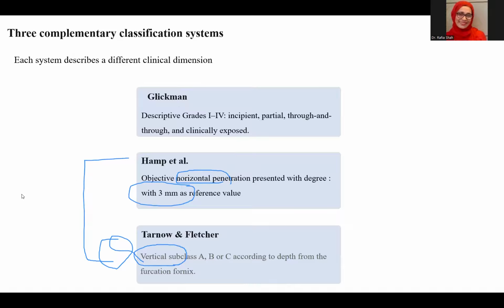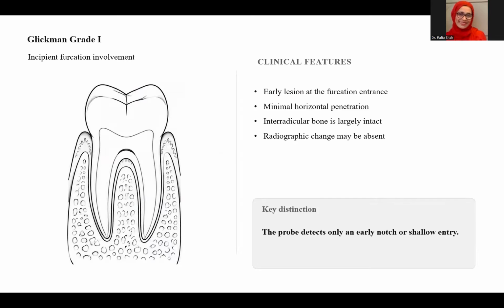Coming back to all these classifications individually, to see what they talk about. Glickman's classification talks about furcation in 4 different grades: grade 1, grade 2, grade 3, and grade 4. According to Glickman, once it is grade 1, we say the lesion is very early.